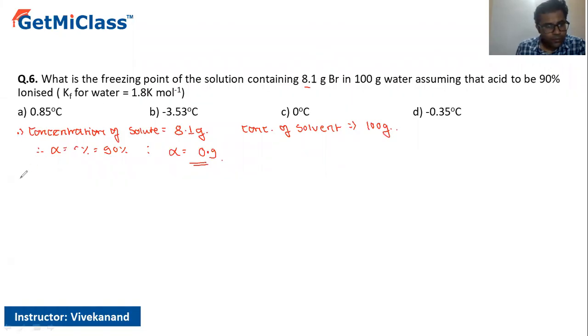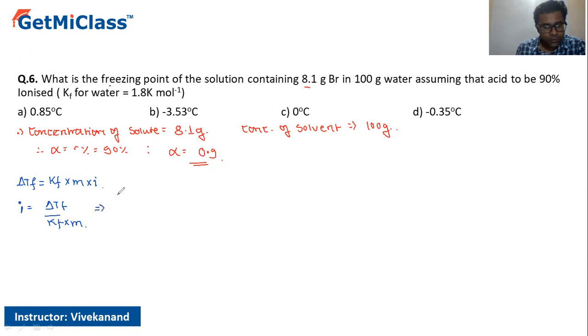Now, what we know is about the delta Tf, as it is given as a freezing point. So this is equal to Kf into m into i, right? So therefore, i, the Van 't Hoff's factor, is equal to delta Tf over Kf into m, right?